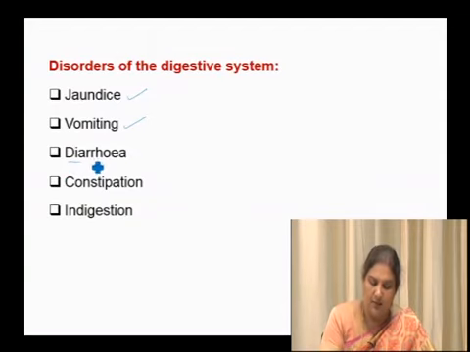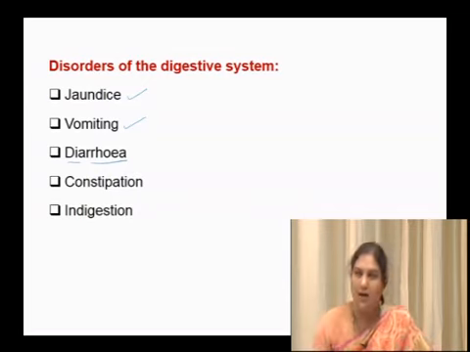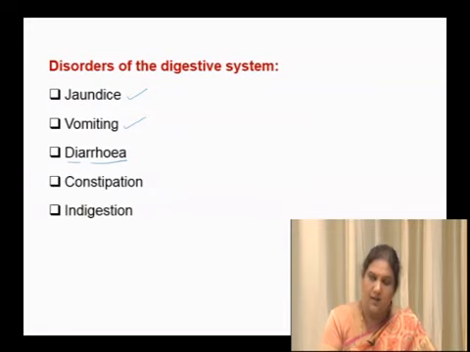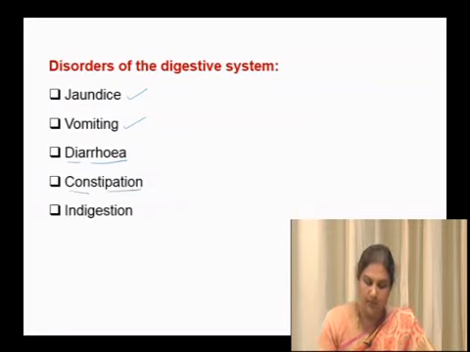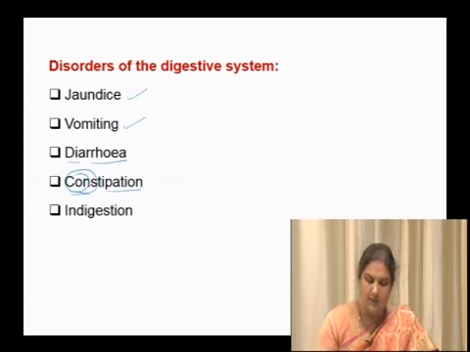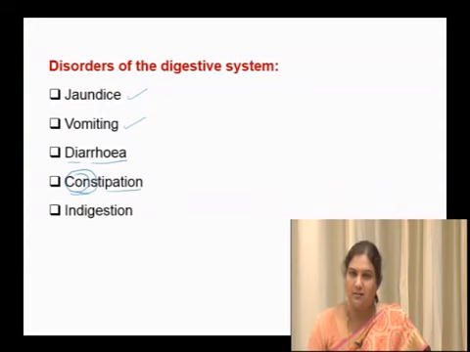Diarrhea. Dia is to pass through, rhea is flow. This is nothing but the defecation itself, wherein there is no solidification of the food, but watery fecal matter is very frequently passed out. Constipation. Wherever we come across the word con, it says something is getting accumulated, like conference, conjugation.